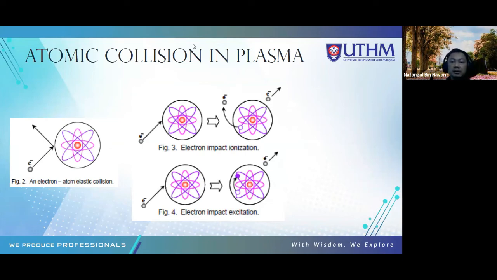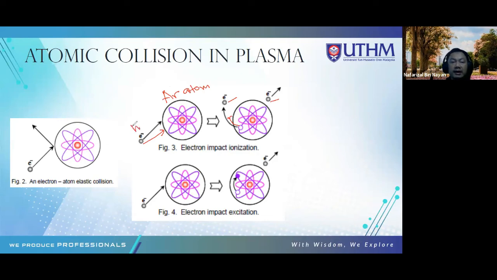But most of the time, you can see a lot of electron impact ionization. So this is an example. If I have the argon atom here, it will be hit by the electron. Then you get another electron out from this orbital, and the first electron will still go away at low energy.